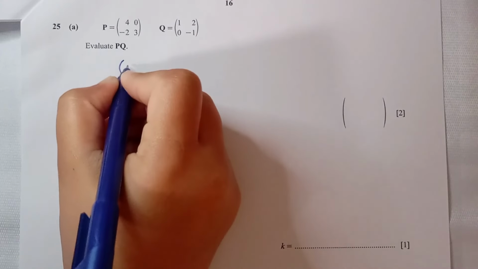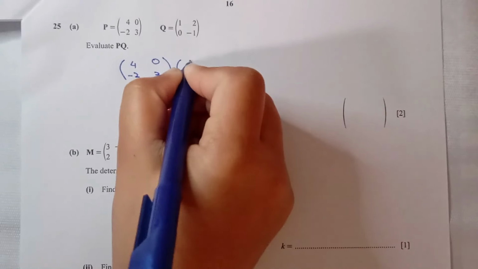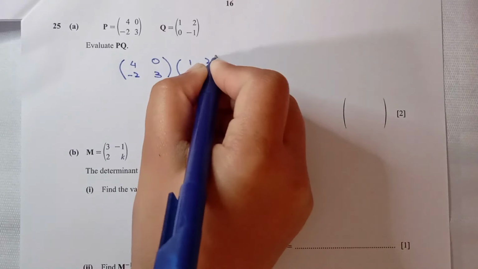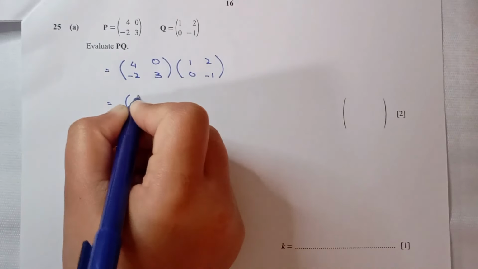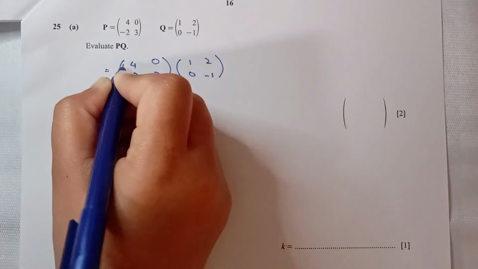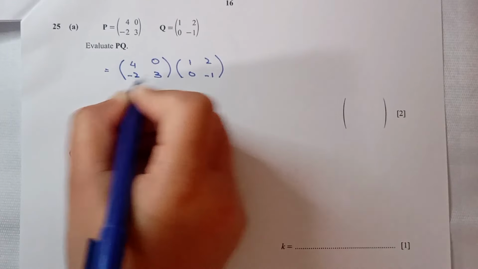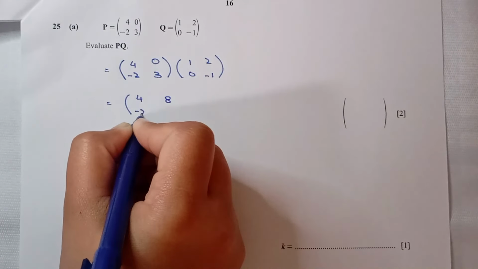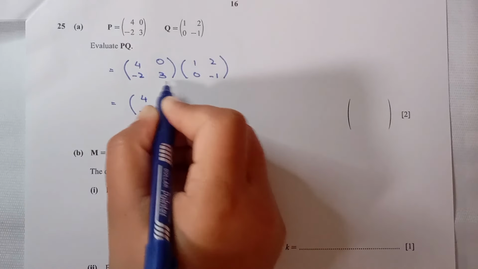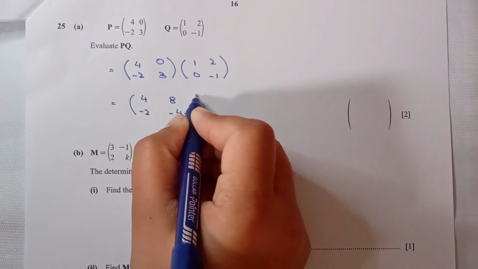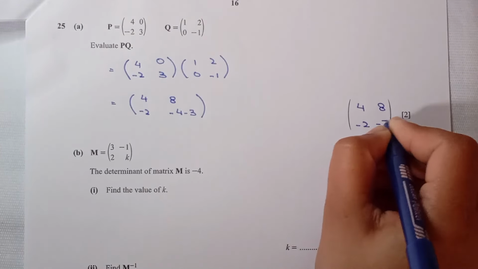Okay, so we have P times Q. Rows are going to multiply with the columns. 4 times 1 is 4. 0 times 0 is 0, 4 times 2 is 8, and 0 times -1 is 0. 2 times -1 is -2. -2 times 2 would be -4, and 3 times -1 is -3. So this would be 4, 8, -2, -7.